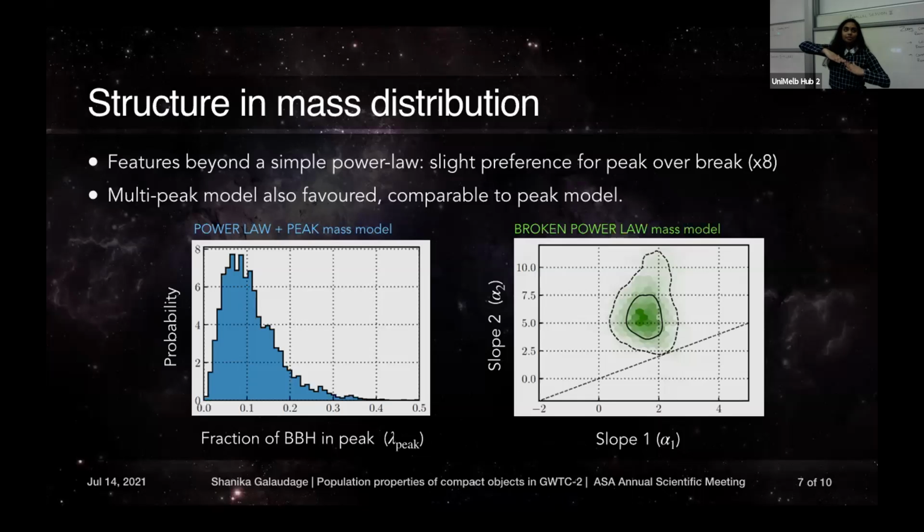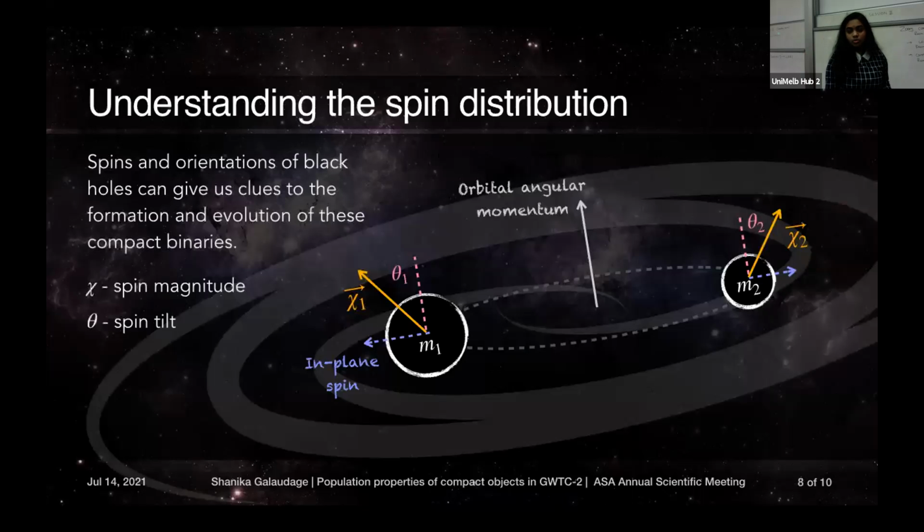They're not the same slope. If they were the same, we would just have a single power law back. So what we're seeing from both of these models, our preferred models, is that there is structure in the mass distribution, and we can expect, hopefully, with more and more events, to be able to distinguish between these different models. So that's enough about mass. Let's move on to spin.